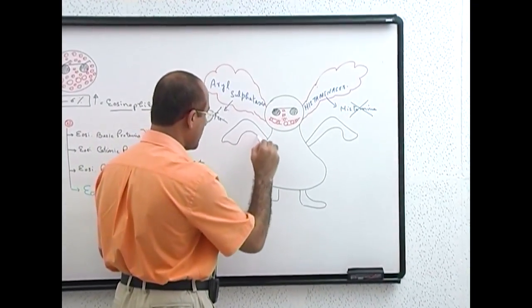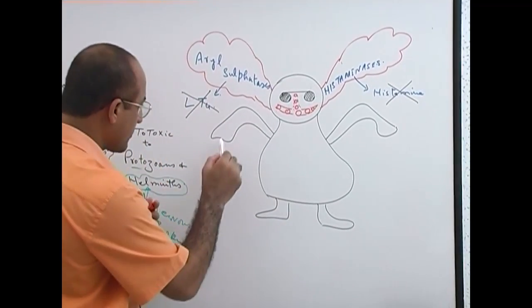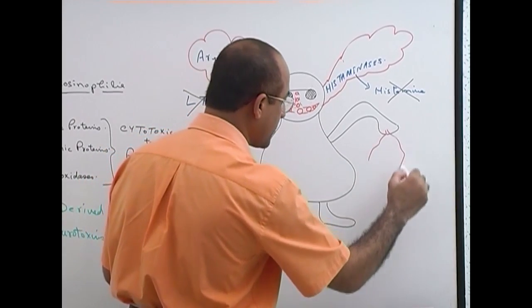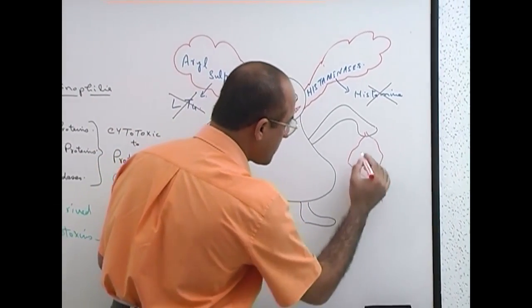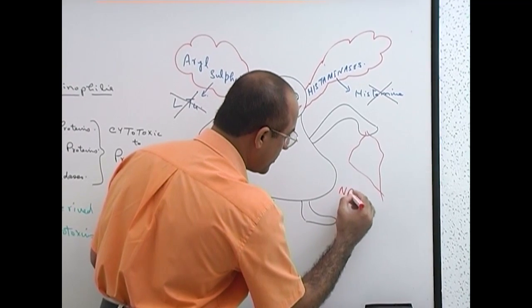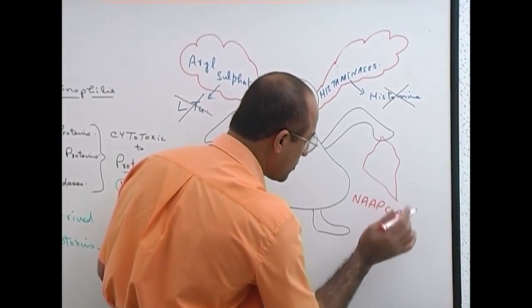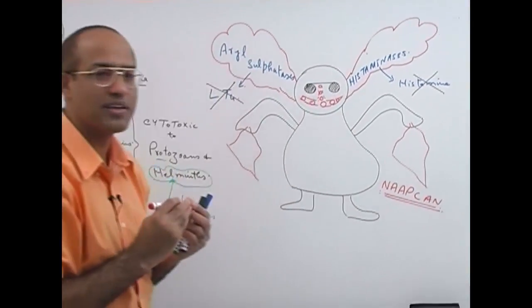This eosinophil is holding a napkin in its hand to remind you of something. Napkin, right? N-A-A-P-C-A-N. I think the eosinophil doesn't know the proper spelling of napkin.